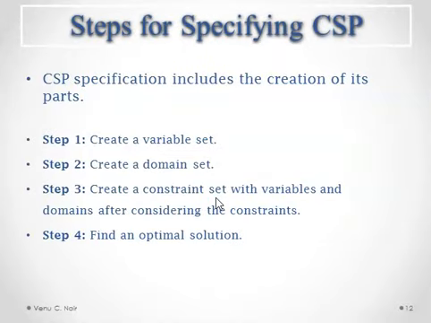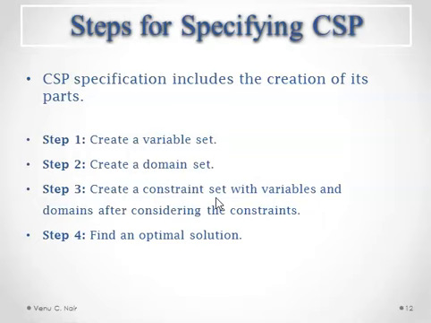Now for creating or specifying the CSP, we follow these steps. We know that the components of a CSP are the triplet, which includes the set of variables, the domains for each of the variables, and finally the constraints. Creation of these three objects specifies a CSP.